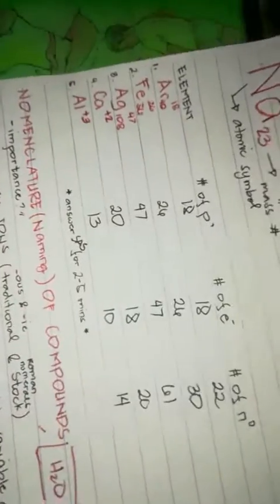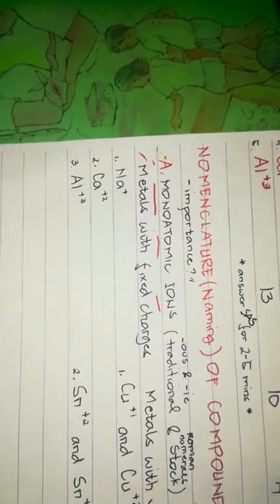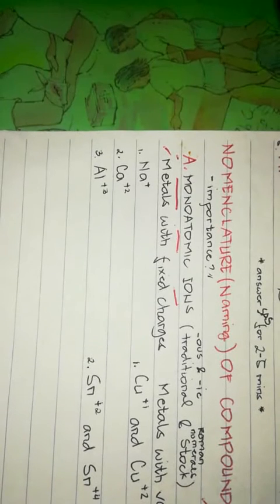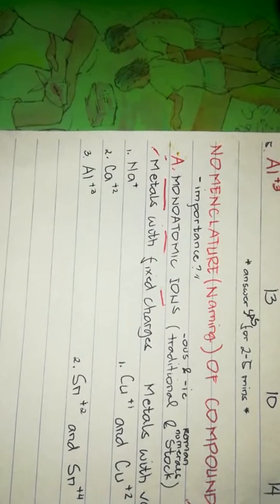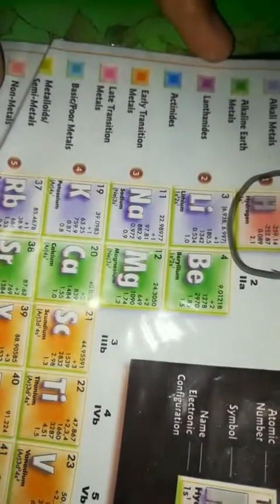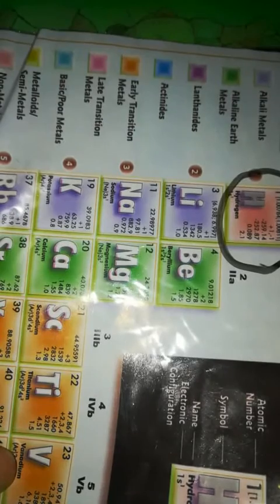Now going back, we have your Na, sodium. If you're going to take a look at your periodic table of elements, Na is number 11. So, si number 11. Tingnan natin. Okay. So, ito po si Na. Nakikita po natin yung charge niya dito. Iisa lang.